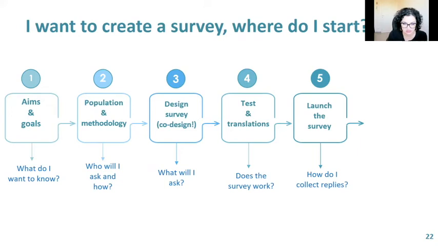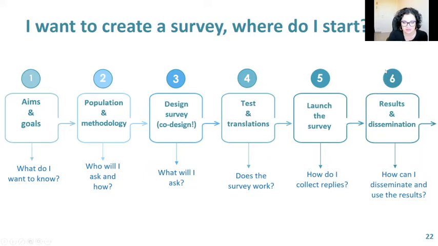We usually ask Lenia a lot to help us in disseminating our surveys, and our ePAG advocates are also immensely active in the dissemination of the survey at so many levels: national, local, European, and sometimes even international. So ask this question: how do I collect the replies and involve others in planning the dissemination of the survey?